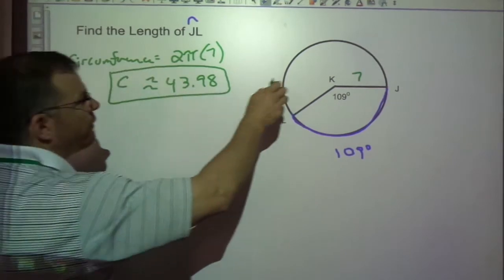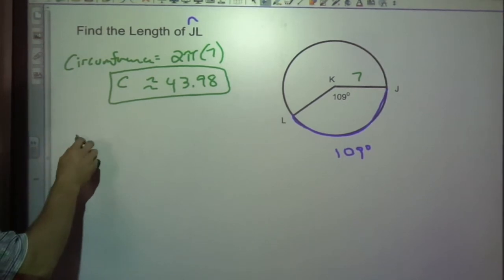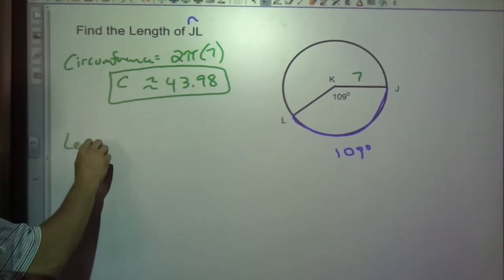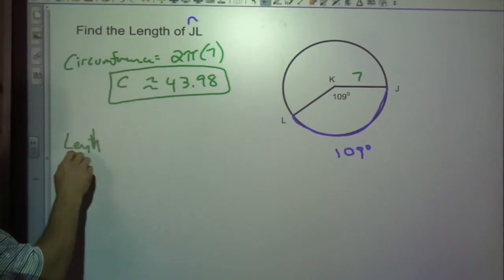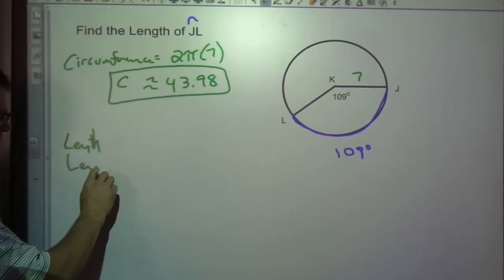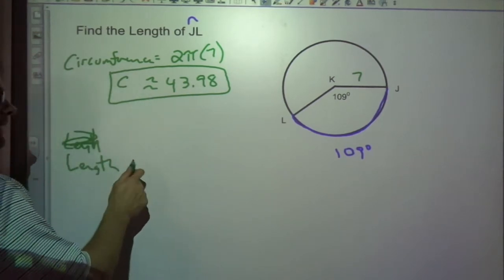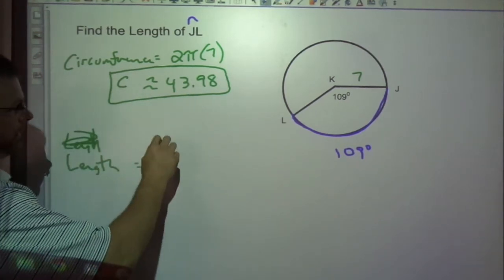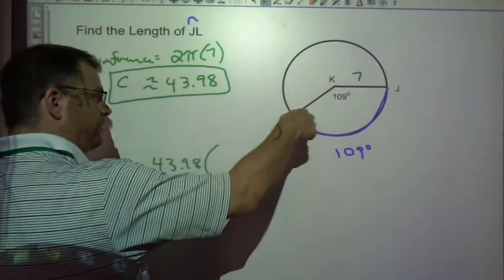That would be all the way around. But for the blue part, I'm not going all the way around. I'm only going part way around. So to find the length of JL, I'm going to find the circumference times the fraction of the whole.